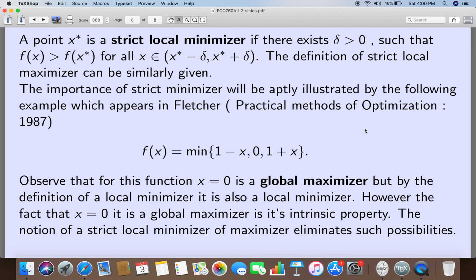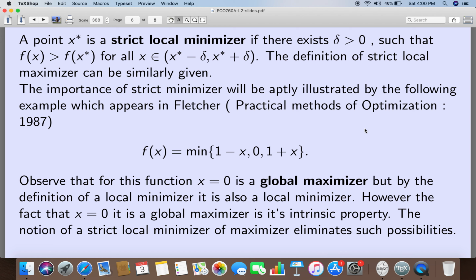How to distinguish between these two? You observe that its real intrinsic property is that x equal to 0 is a global maximizer and not a local minimizer. But by definition of a local minimizer, it is a local minimizer because the function rises up from the negative side at -1 to +1, it becomes 0, and again goes down after x equal to 1.